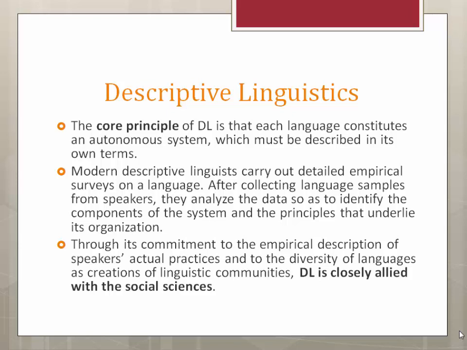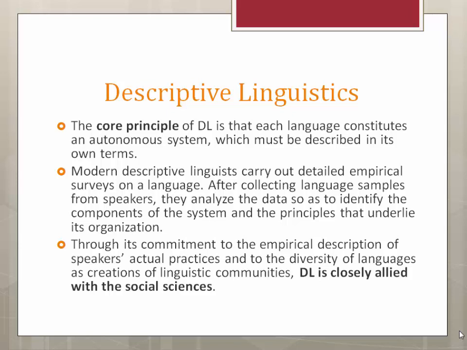Modern descriptive linguists carry out detailed empirical surveys of a language. After collecting language samples from speakers, they analyze the data so as to identify the components of the system and the principles that underlie its organization.